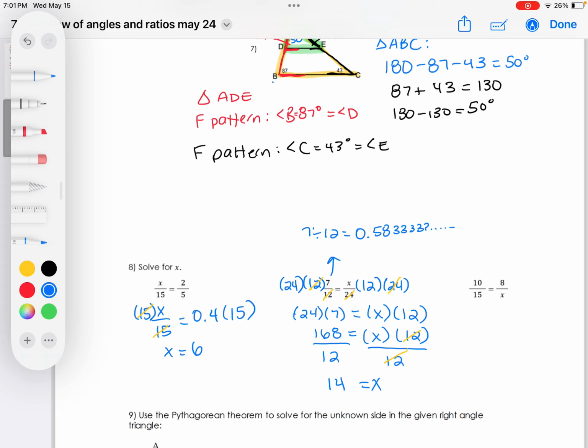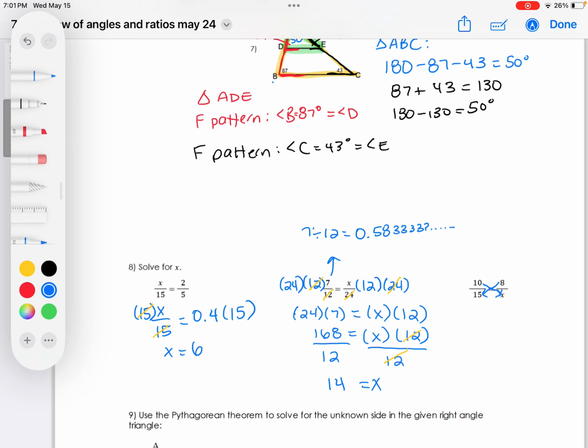the last strategy that we will do right now is something called cross multiply. So when you cross multiply, we're going to do 10 and x and 8 and 15. And it doesn't matter which one you write down first. Most people, when they're first learning how to do this, want the x value to be on the left-hand side.